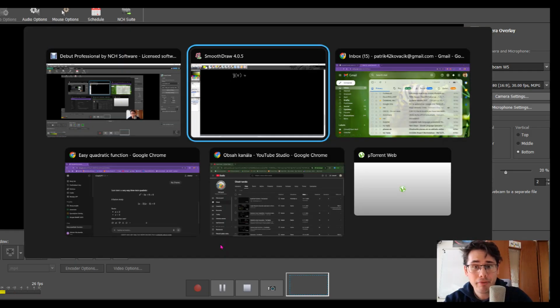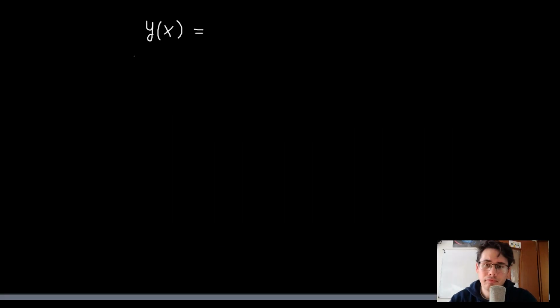So we have x squared minus 5x plus 6. Okay, so the first step is to write down your ABCs, quite literally. The number A right here is 1.